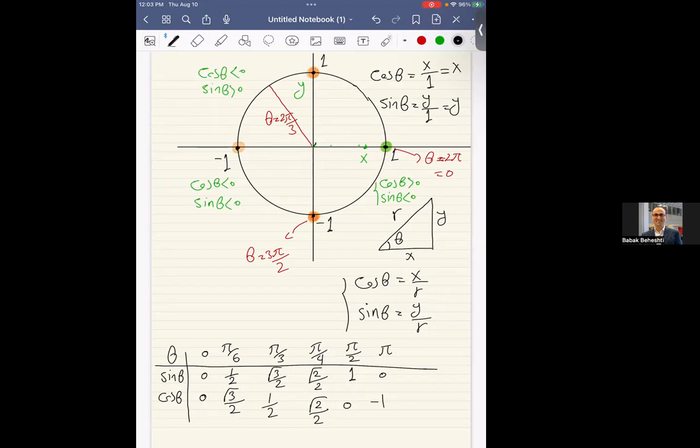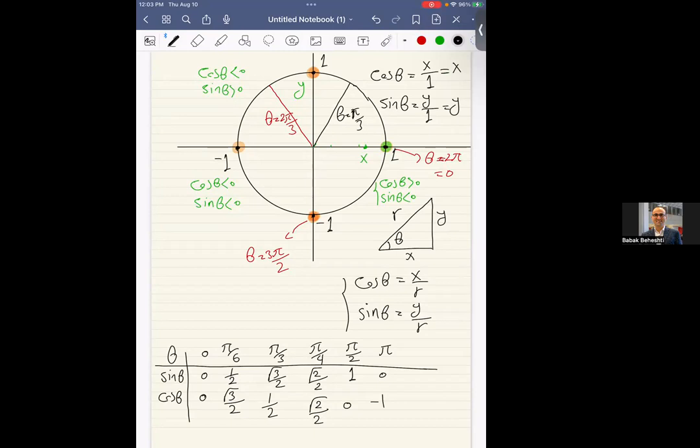So this is pi over 3. Do you see? So what is the relation between x, y coordinates of pi over 3 and 2 pi over 3?